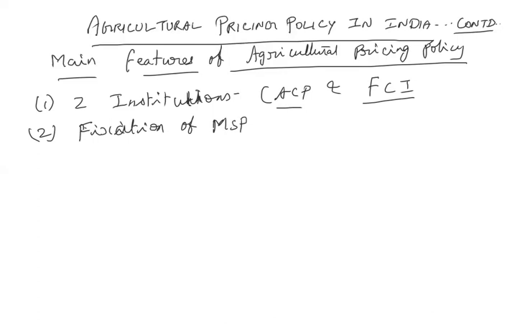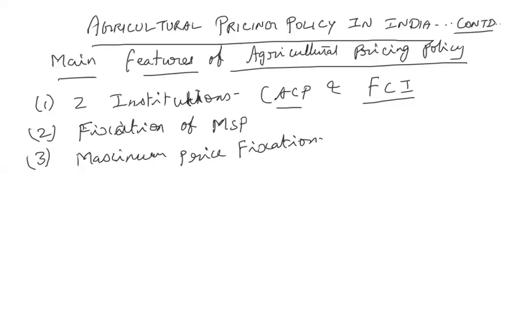And then the next one is the maximum price fixation. This is when the Food Corporation of India is selling the produce through the ration shops. What should be the maximum price that has to be paid by the consumer? That is the maximum price fixation. These three we have already finished in the previous class.